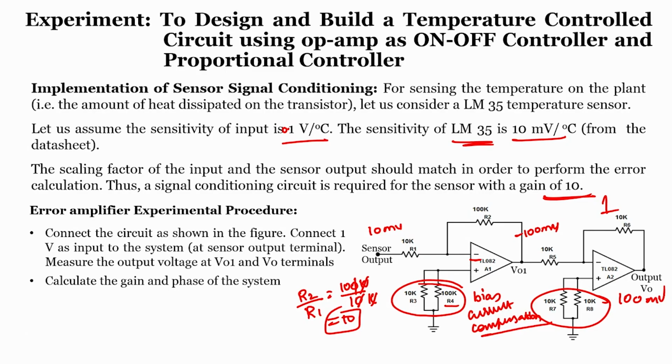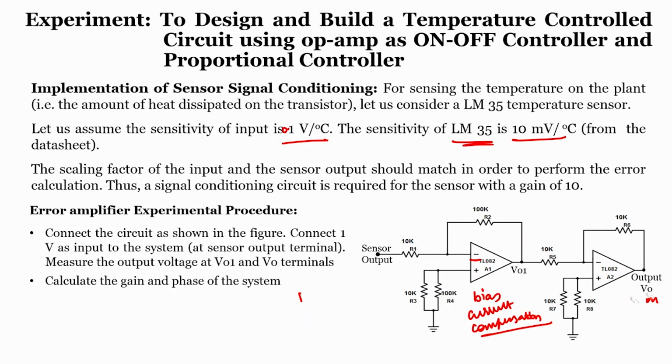Now we will see whether it is giving us a gain of 10 or not. For that, first I will take the sensor input as 100 millivolts, since the gain is 10 and we will go with millivolts itself. Theoretically we should get minus 1 volt, and here I should get 1 volt.